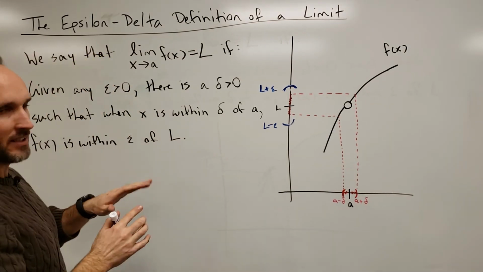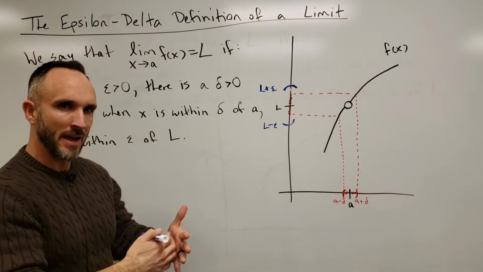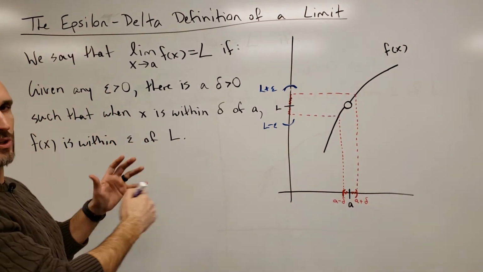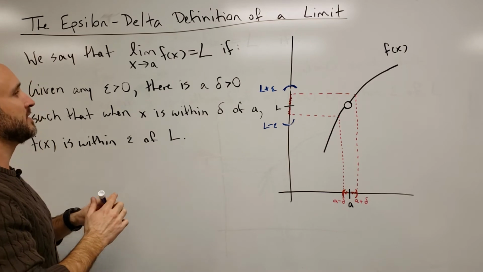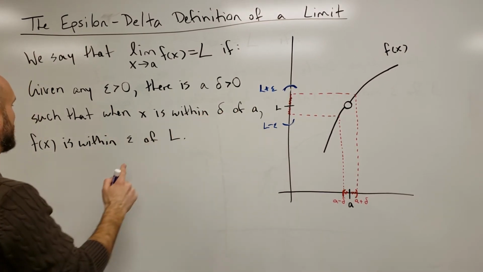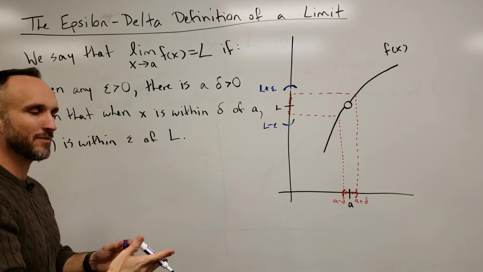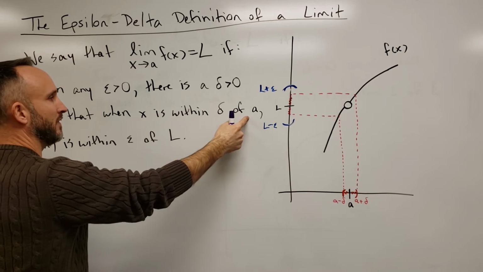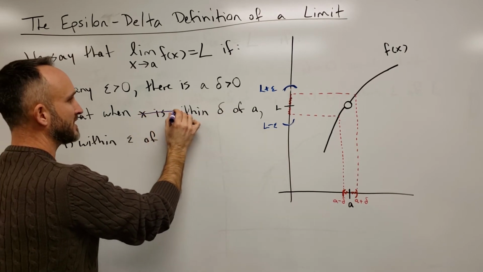Now, typically, when you do things with this mathematically rather than just visualize and understand, you're going to describe the x statement and the f of x statement slightly differently, okay? So rather than saying x is within delta of A, I'm going to cross that out.